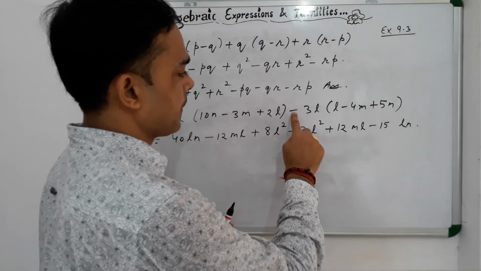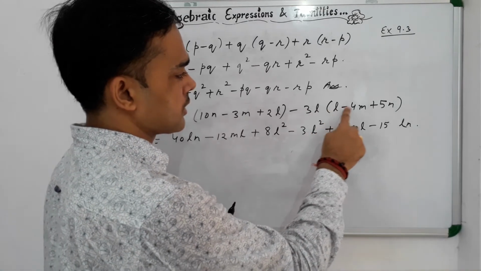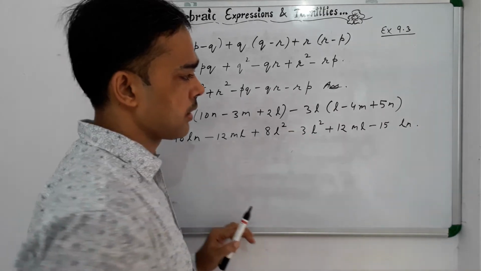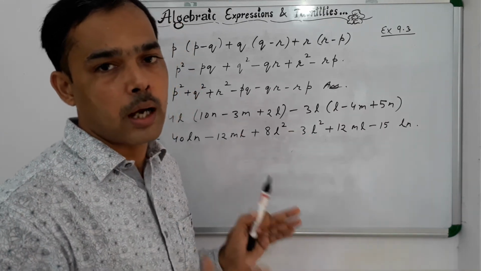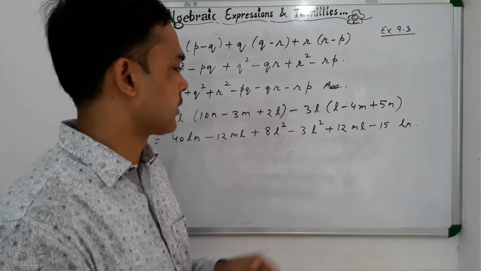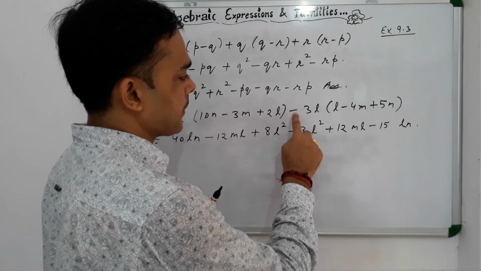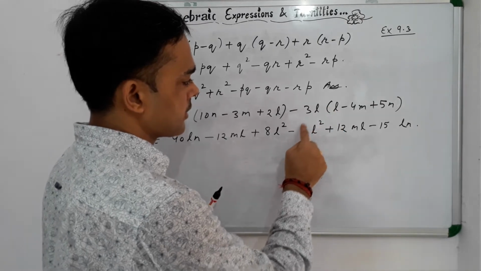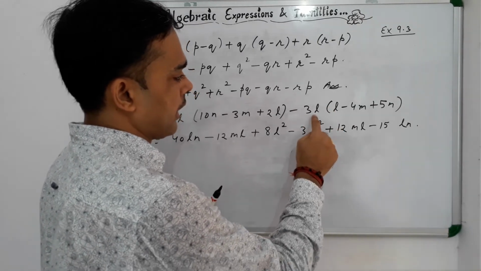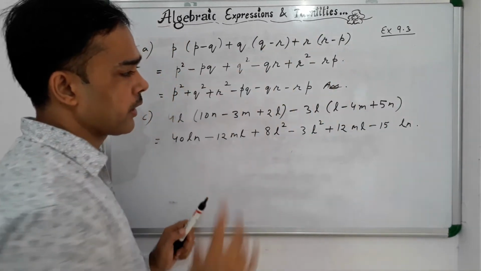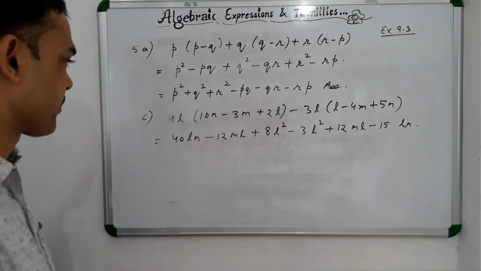Okay. So because this was negative, the sign of all of them has changed when they have been brought outside of the bracket. Here also I have done the same thing. I have multiplied sign by sign, so minus into plus is minus, 3 into 1, 3, L into L, L square. So in that way you can do the rest.